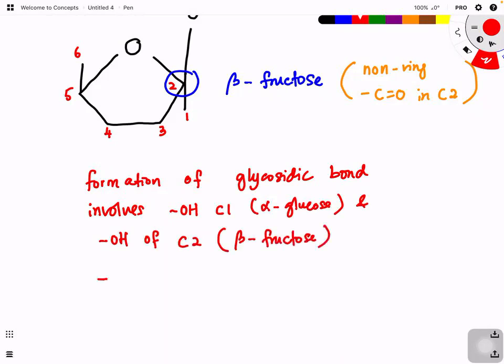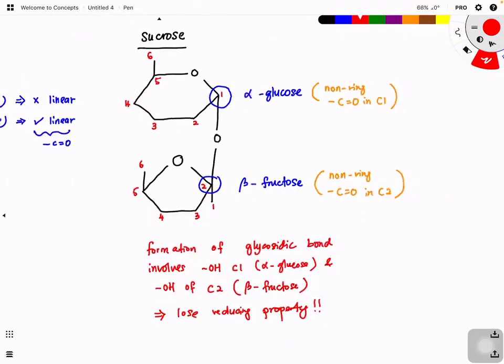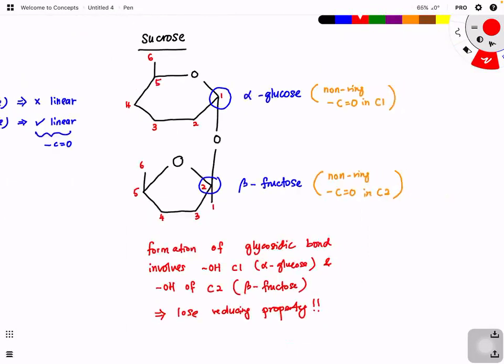So therefore, they lose the reducing property, because they cannot turn into the linear structure anymore. Can you see how we turn? Are you clear? So look at the structure now, and compared to maltose, maltose at least has one side that can still have the reducing property.